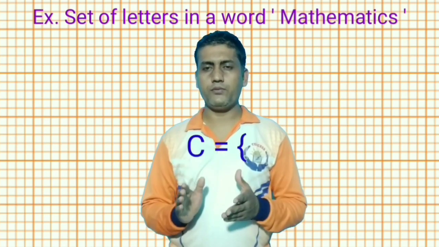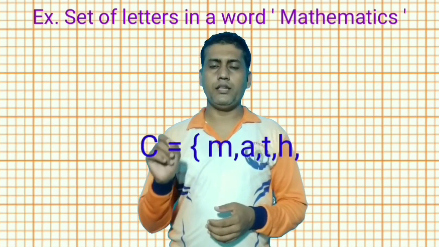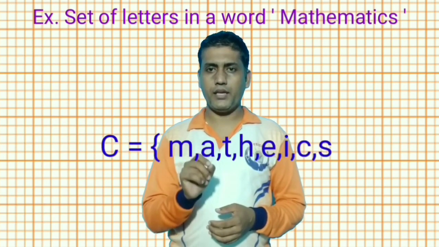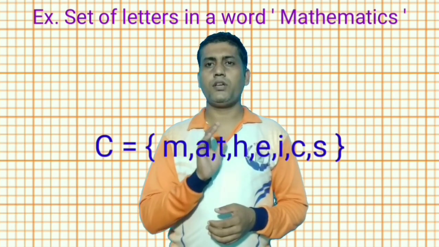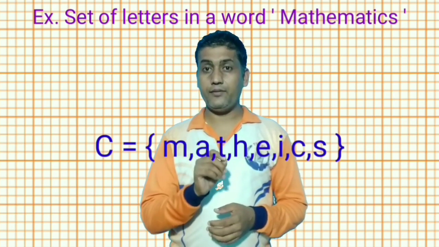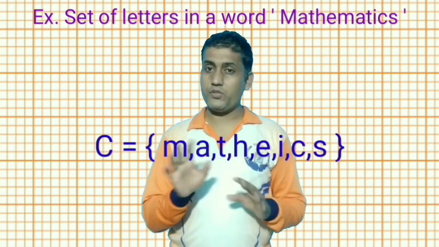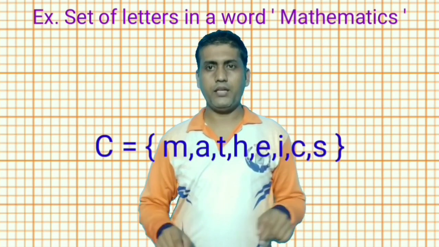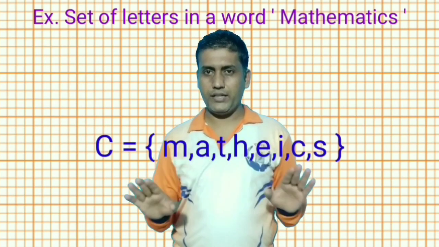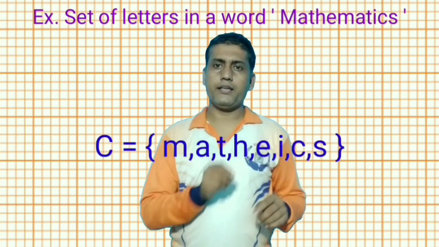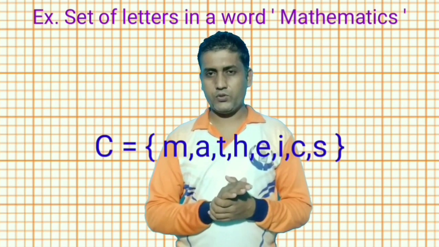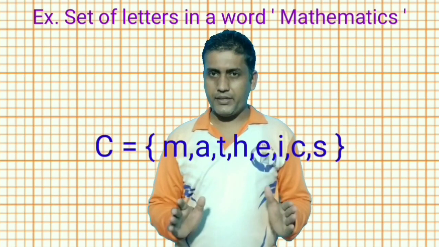C is equal to, the letters are M, A, T, H, E. Then again comes M, so we are not going to write it down. And then comes A, not again, so we are not writing them again and again. Then I, C, S. So the letters are not repeated, and that is important.